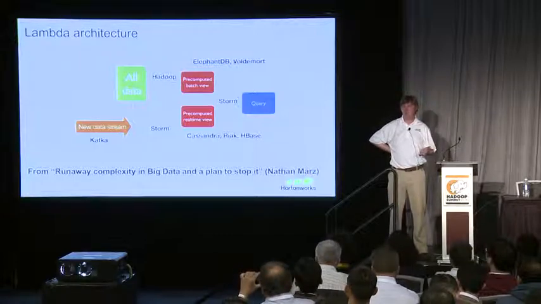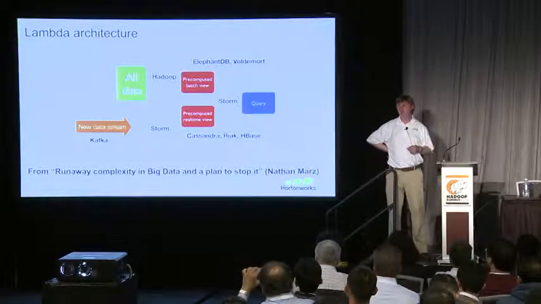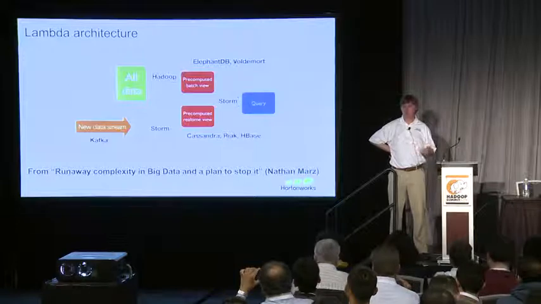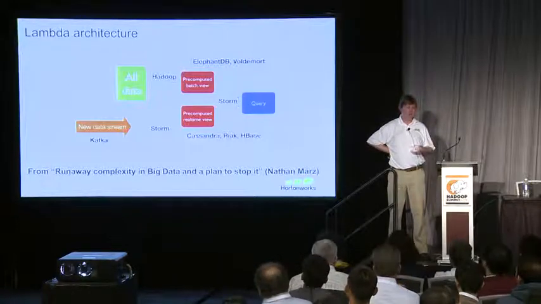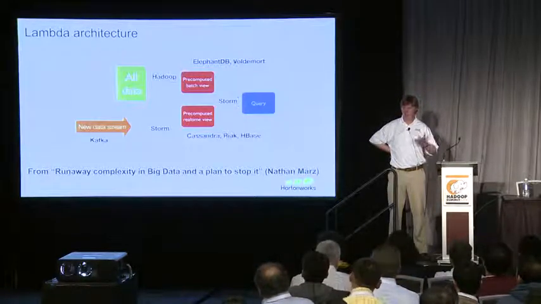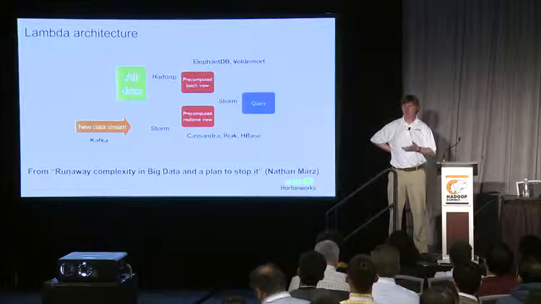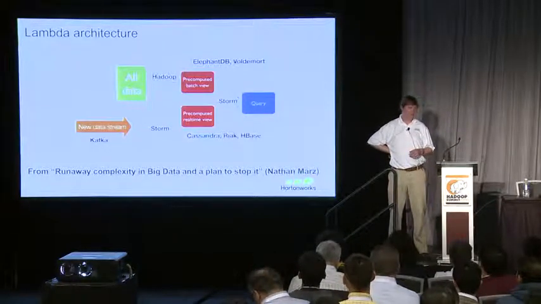The basic idea is that if you've got data arriving in streams, in real time, and you've also got batch historic data, and you need to make this accessible through a query interface.